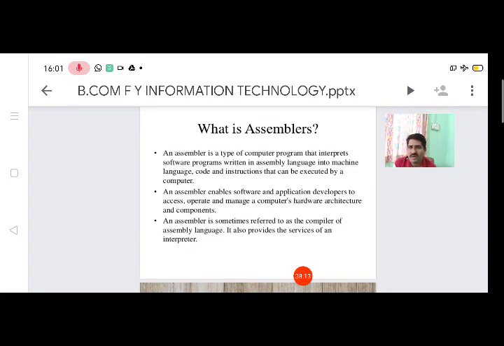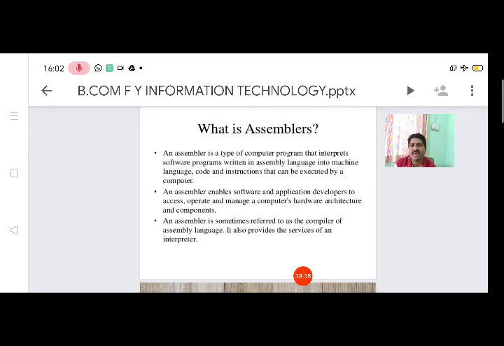The next point of this syllabus is the assembler. An assembler is a type of computer program that translates software programs written in assembly language into machine language code and instructions that can be executed by a computer.